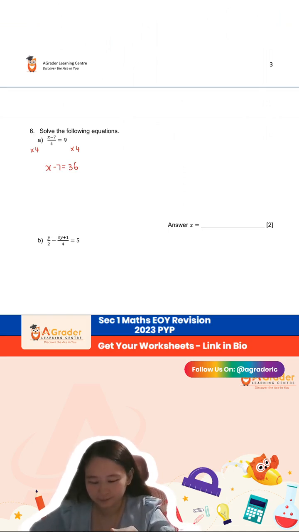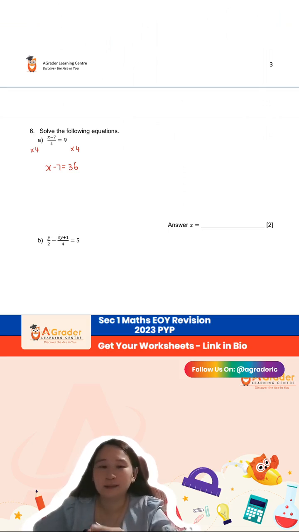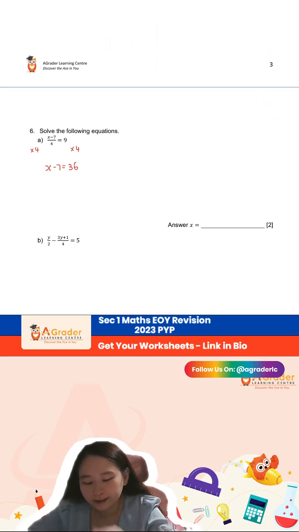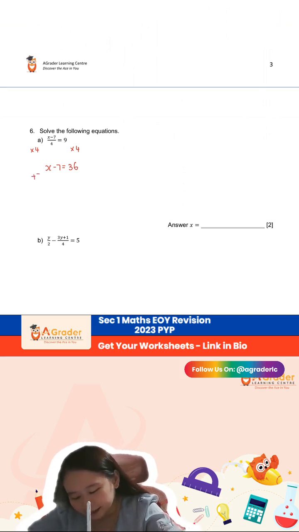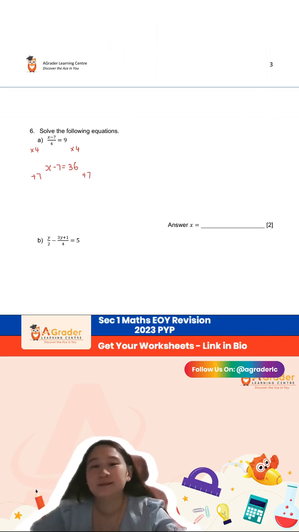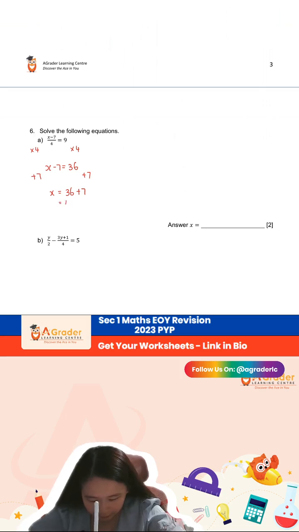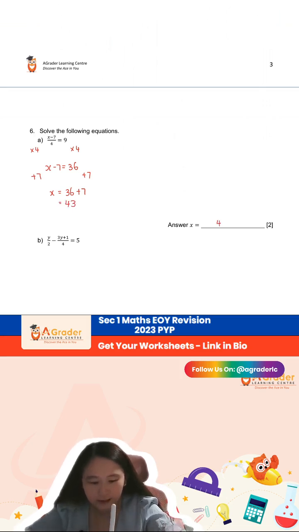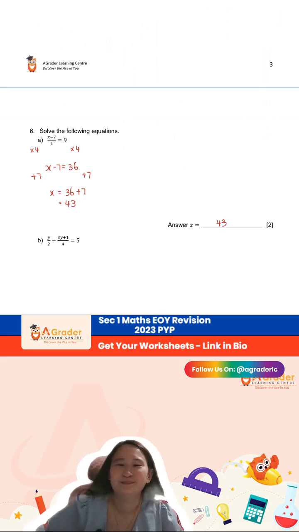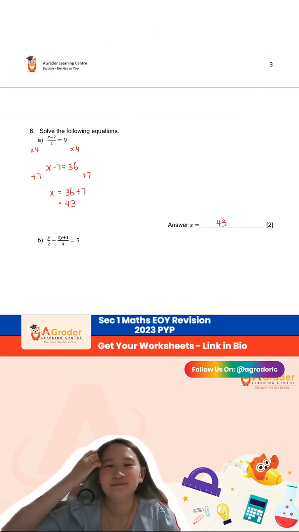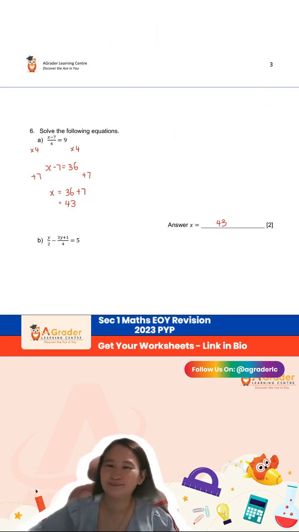And then to find the unknown, we want the unknown on one side. So we remove minus 7 on the left-hand side by adding back 7 on both sides. Then we're left with x on the left-hand side, and then 36 plus 7 is 43. That's how you get x equals to 43. Yeah, this is quite easy.